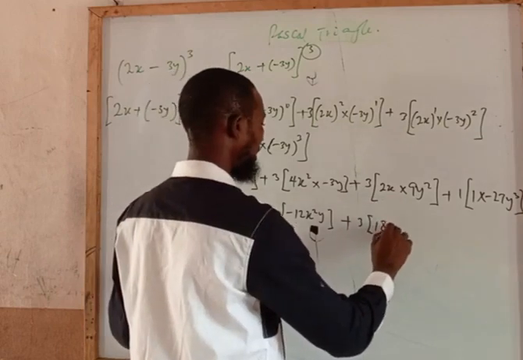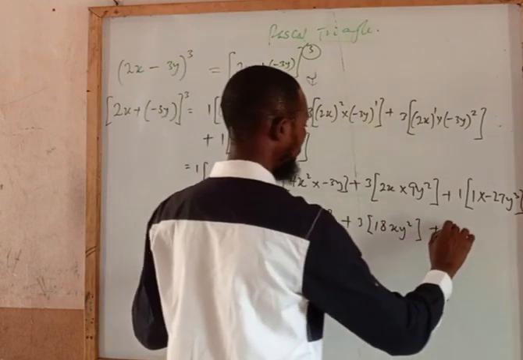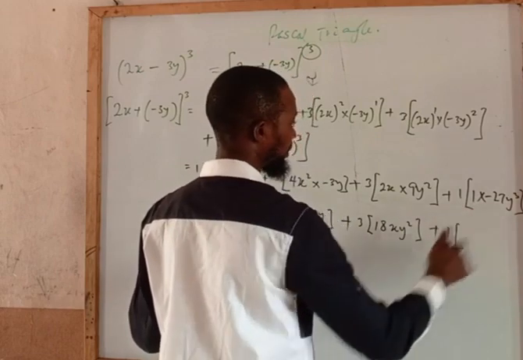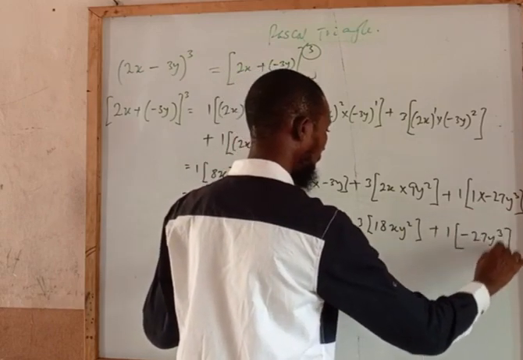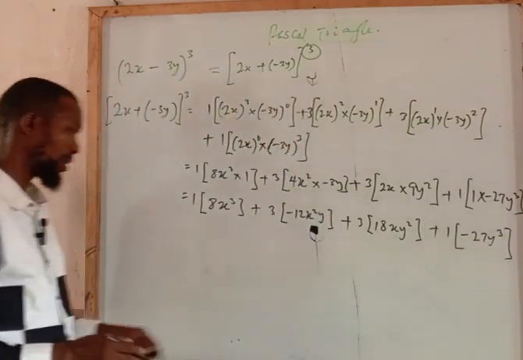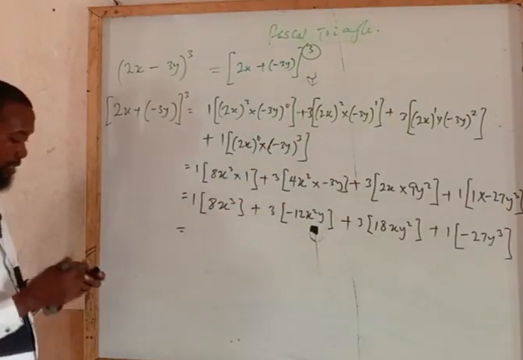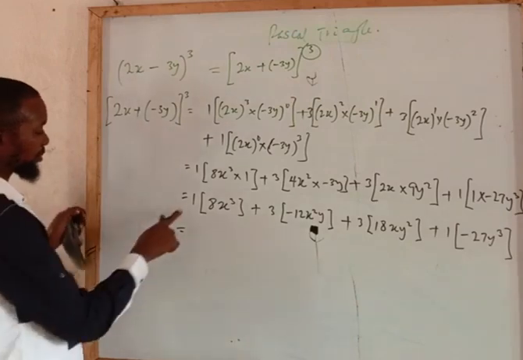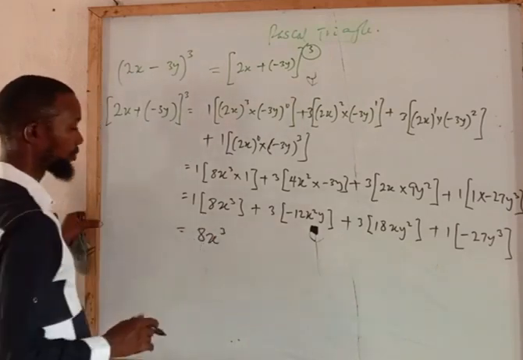X times y, that is xy squared plus 1 into 1 times minus 27y squared. So that gives minus 27, cube rather, y raised to power 3. So to continue, we will open this bracket. Opening this means 1 times 8x cubed, that gives 8x cubed.